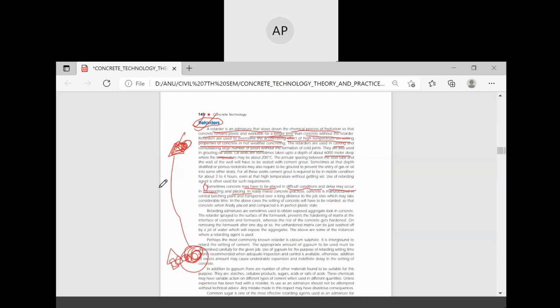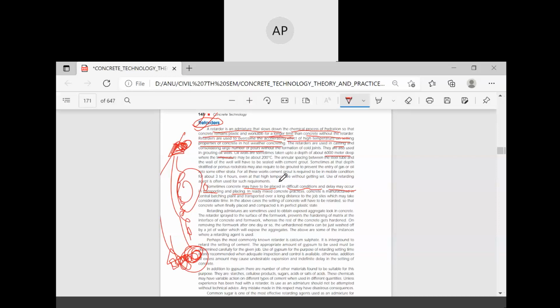That is the transportation to the site from the place of making concrete. It may take longer sometimes because some problems may arise, and in that situation where transporting time is more, you have to add retarders.